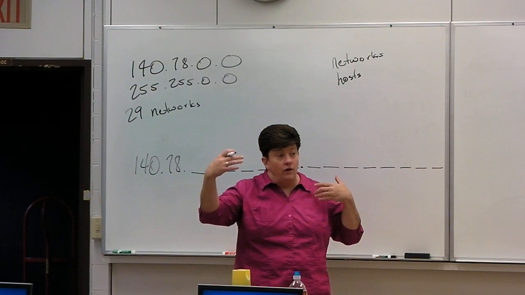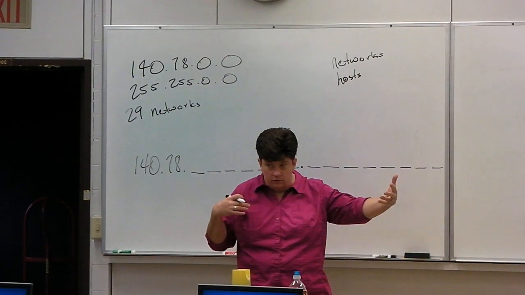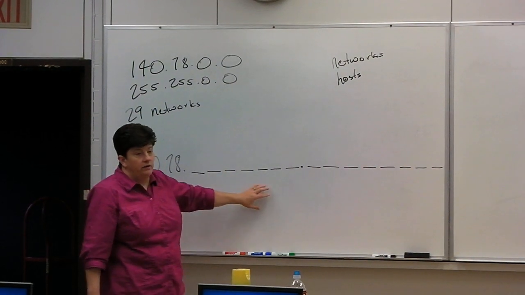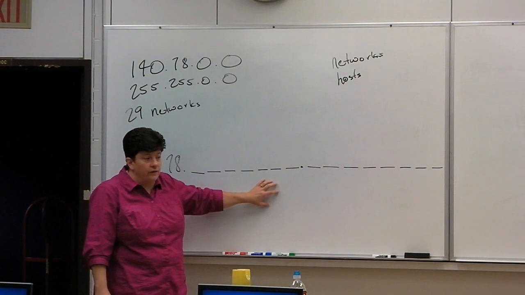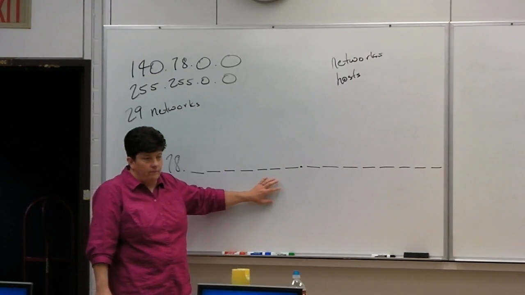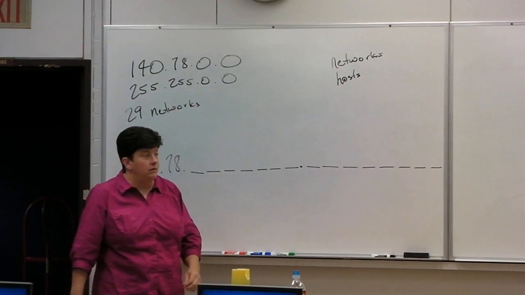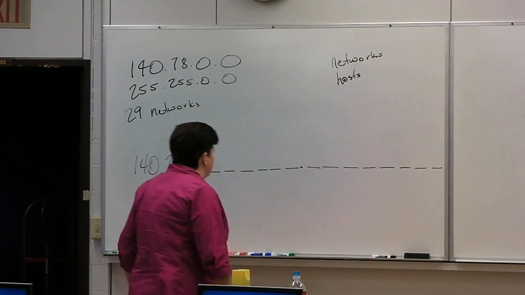If I want fewer hosts, then it means I get more networks. If I want more hosts, you better buy an additional address. If you have more than 65,000 hosts, I'm not going to help you. You better go buy another address. Technically, there is a way to help you. We're not covering it.